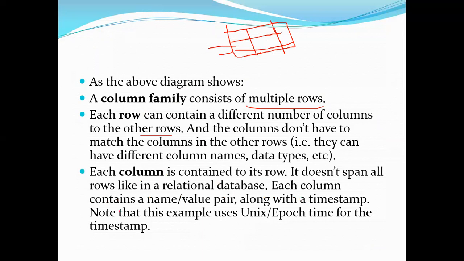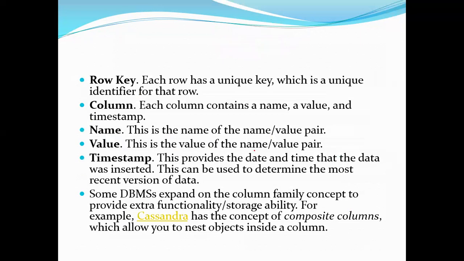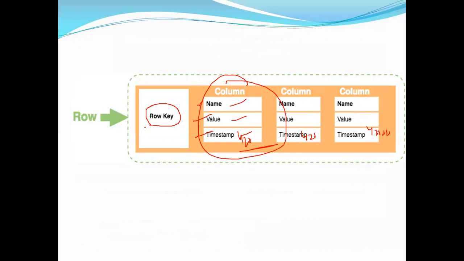It should have a name, it should have a value along with the timestamp. Clear? Next, we have row key, column, name, value, timestamp. Row key is nothing but each row has a unique key, which is a unique identifier for that row. So whatever row key you are specifying here, that should be unique.